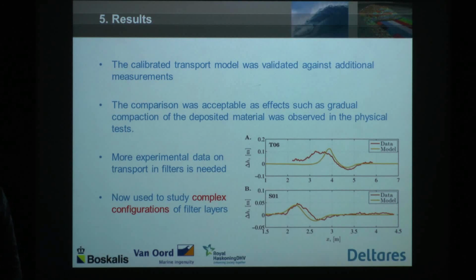So we do need more data to say something about sediment transport inside filters, but we are confident enough that we can start looking at complex configurations and at least qualitatively, and to some degree quantitatively, say something about the effect of changing the slope, how we can lower the amount of erosion underneath the stone layer, and in that way optimize it.